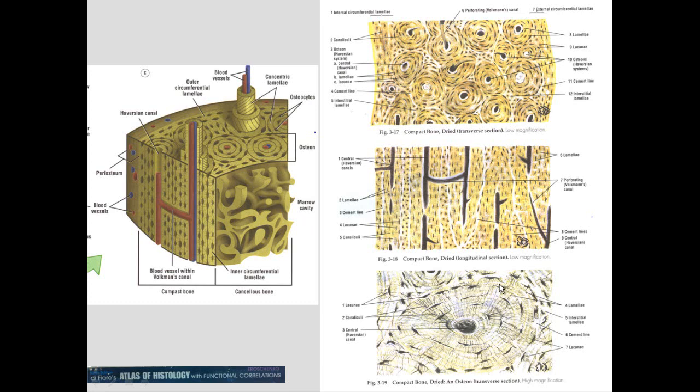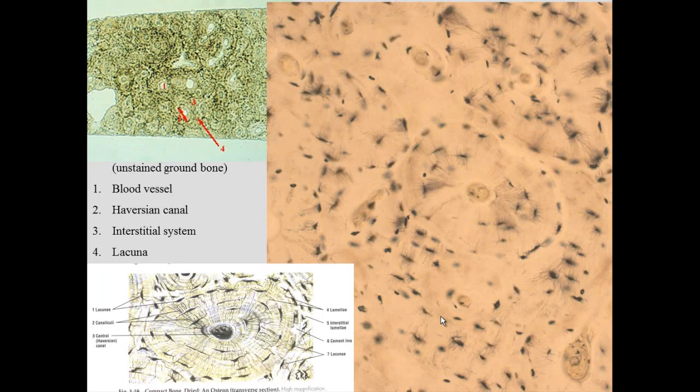Here we see a Haversian system with the osteocytes located in the lacunae and the canaliculi projecting from one to the other. This is a source of nutrients in the Volkmann's canal, and then it migrates from this cell to that cell to that cell, and it passes where the cells touch one another and have gap junctions between the two.